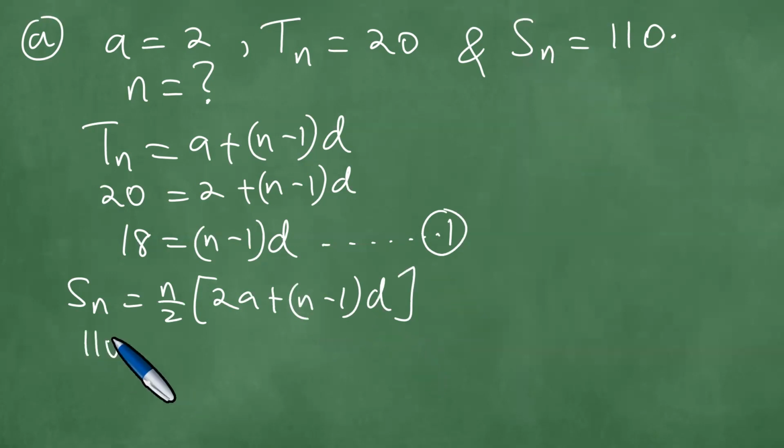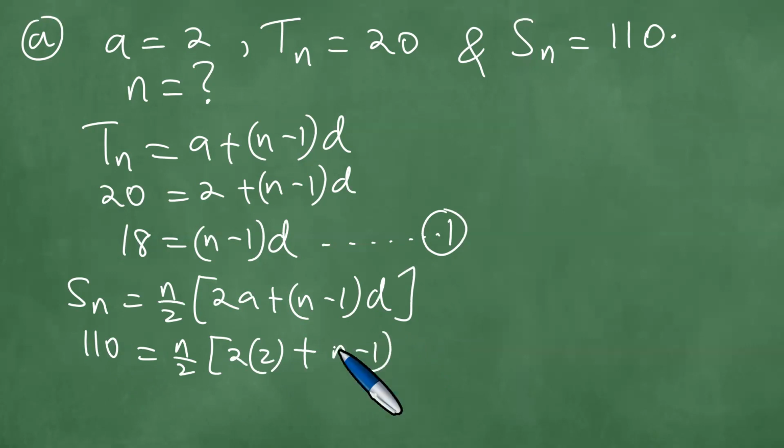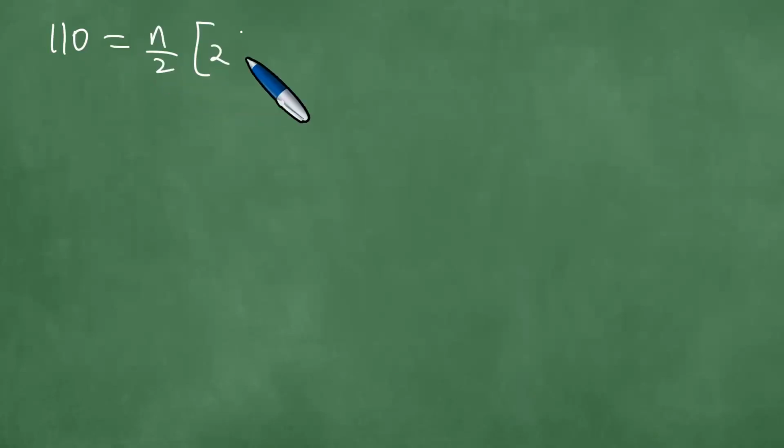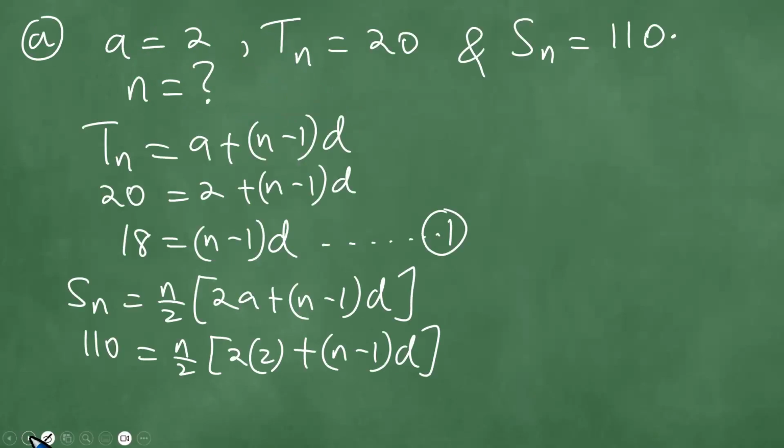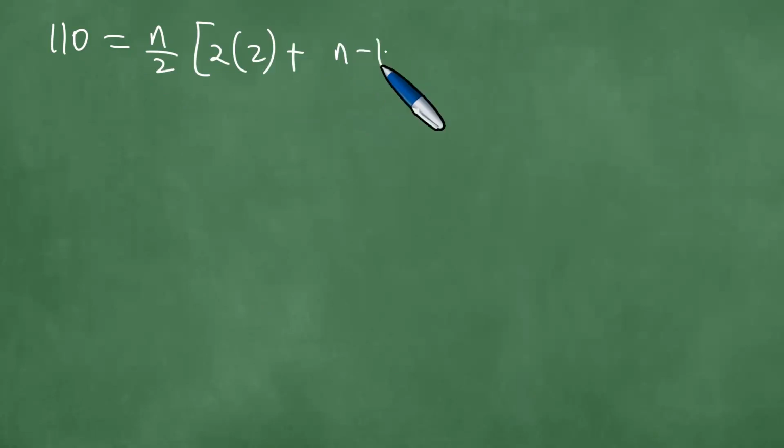It is 110, which equals n over 2 into twice a, which is 2, plus n minus 1 into the common difference.